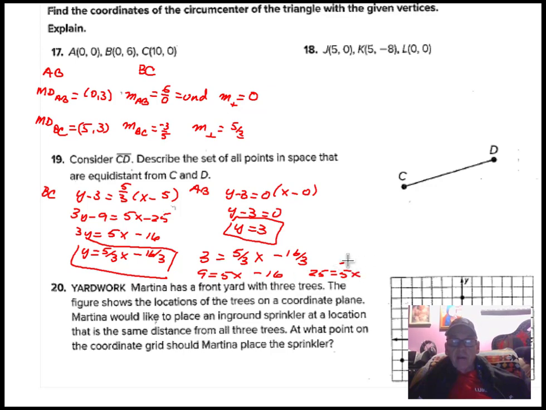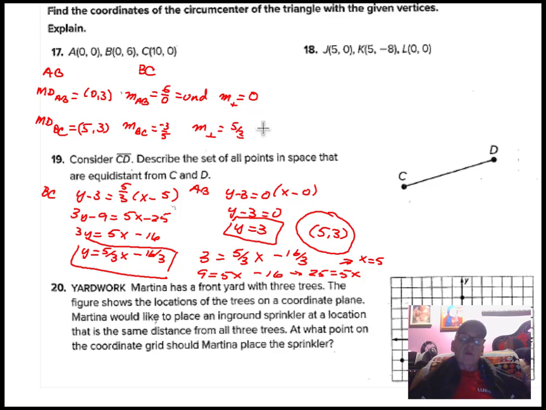Divide everything by 5. x equals 5. So we got x equals 5, y equals 3. So that's going to be the point of intersection of the perpendicular bisectors, or the point of concurrency of the perpendicular bisectors of this triangle, which is the point that's going to be equidistant from each one of these A, B, and C points. So that's the algebraic method.